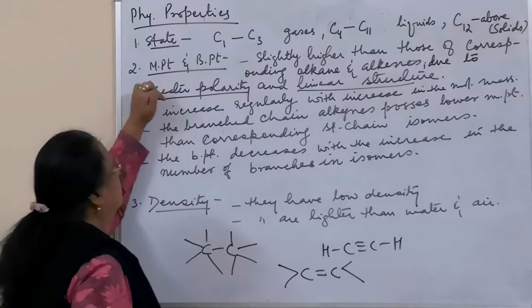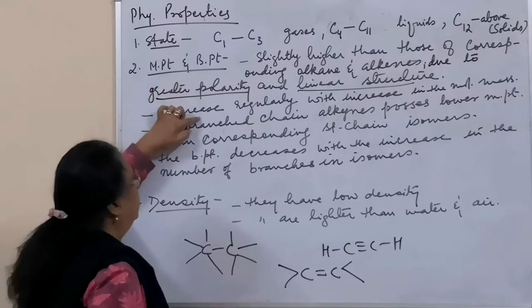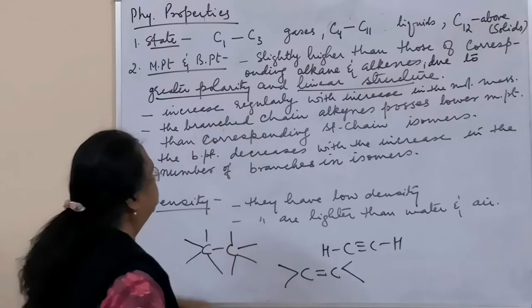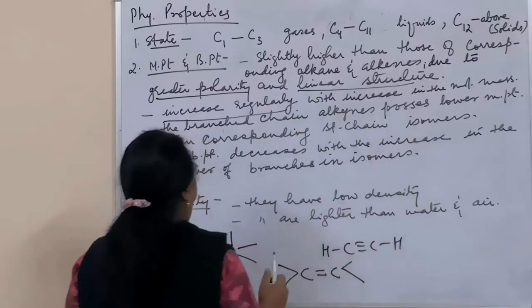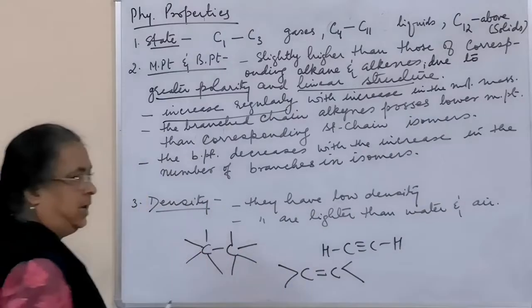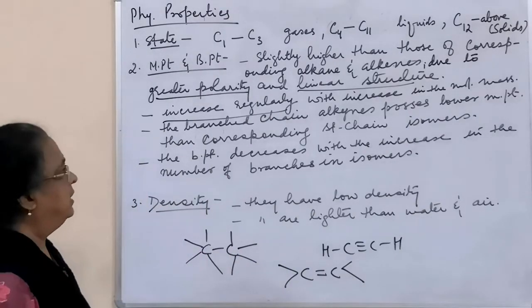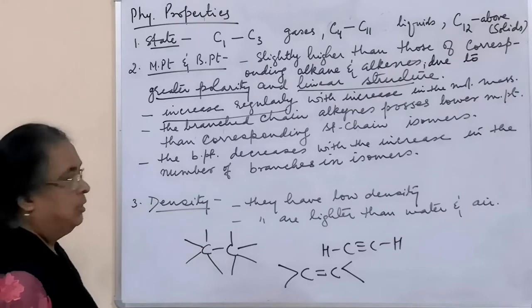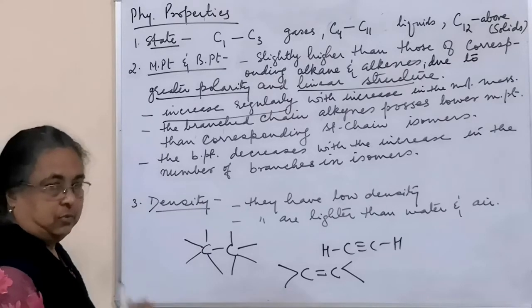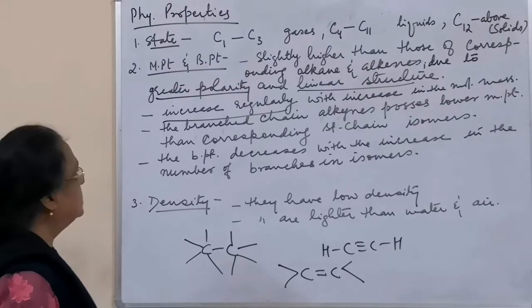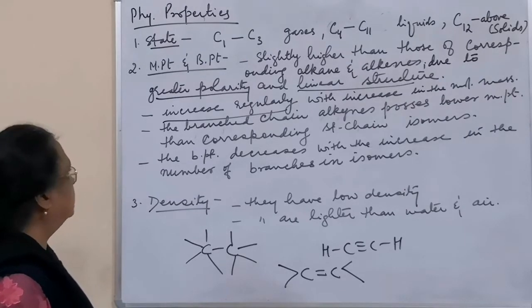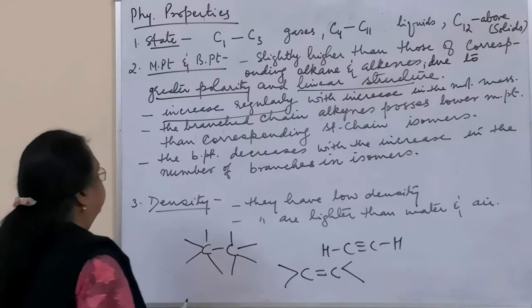Next, melting point and boiling point increase regularly with increase in molecular mass. So ethyne, then propyne and butyne: if you move down to higher homologues in the chain, you will find that the melting point and boiling point increase.